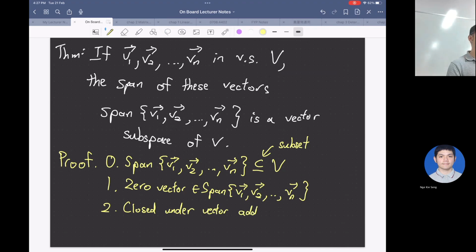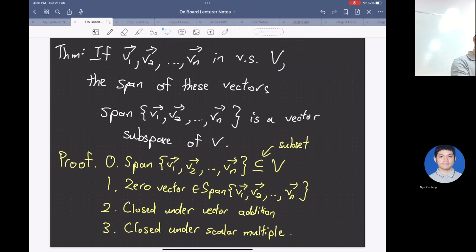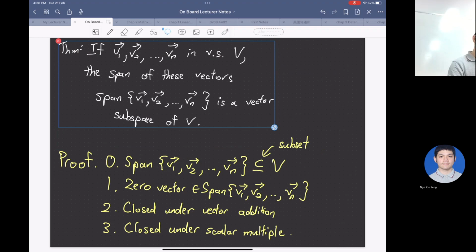Yeah, write it in linear combination form. Wait, let me write down what we need to check first. I need to check the 3 conditions here. I think the easiest way is to write down how the elements look.